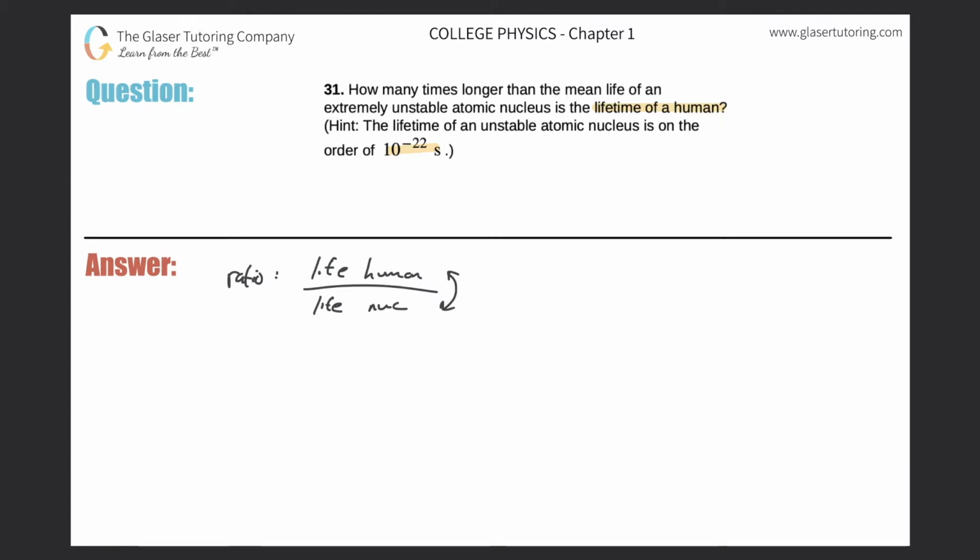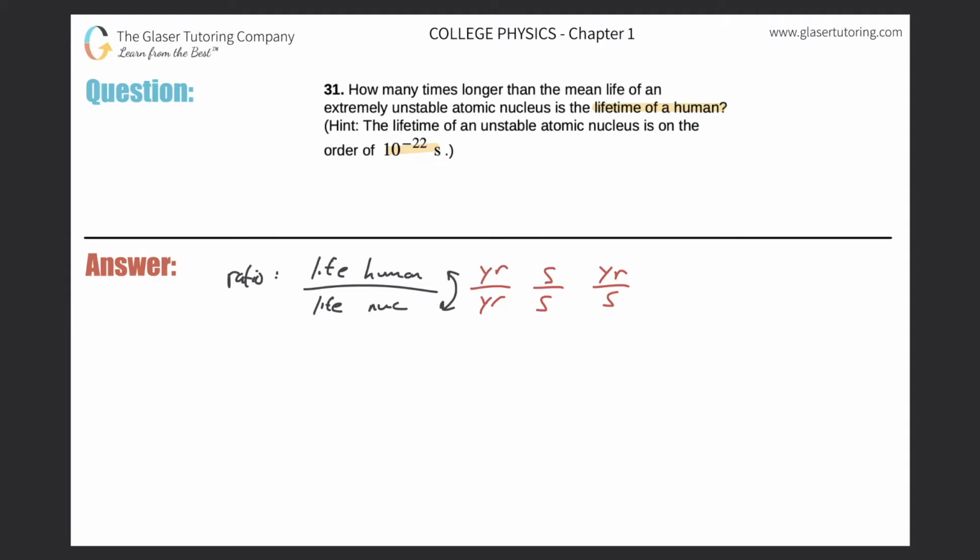It doesn't matter what unit you choose as far as time is concerned. You could have years compared to years, that's fine. You could have seconds compared to seconds, that's fine. You could do years per second, but it would probably be a little clearer if we chose the same units in both the numerator and the denominator, so we can get a true ratio of how many times longer one is than the other.